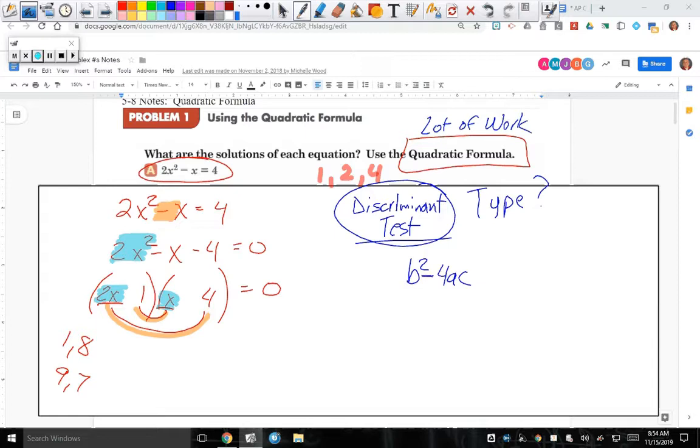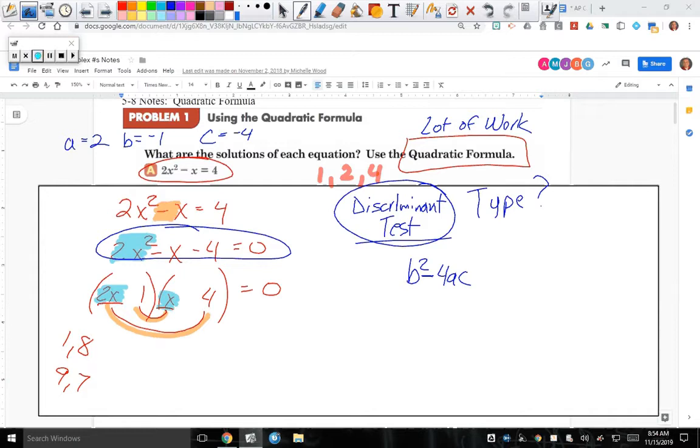Okay? What's B, guys? Negative 1. What's A? 2. And what's C? Negative 4. So if I looked at this b squared minus 4ac discriminant test, I'm not even kidding, 5% of people remember it, but I would say it's tested at least 90% of the time on SAT, ACT.